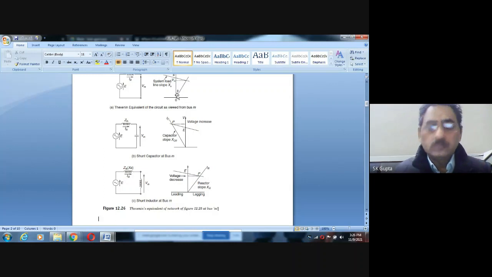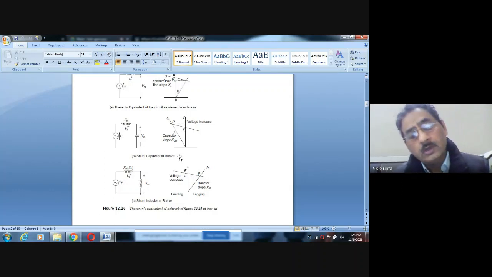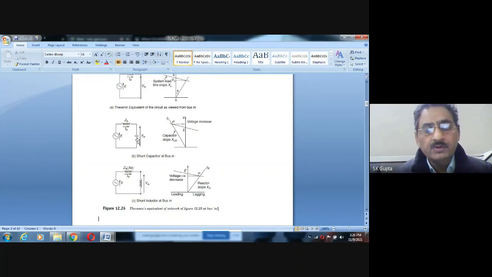And so in this way, by controlling the value of inductance and capacitance with the help of thyristors, we can maintain this voltage.